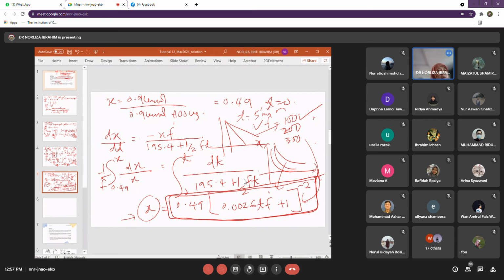Any uncertainties or any questions to ask? Yes. Regarding Excel, does it mean we can submit with an Excel template? You can copy, because it only asks you to plot.